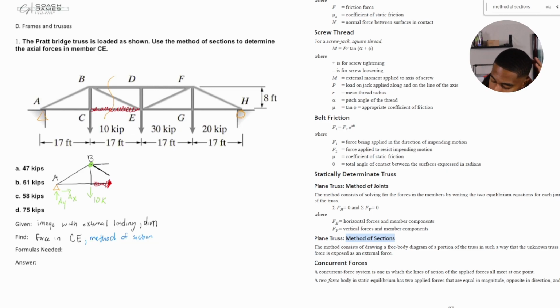That would be the only unknown. Like if I took a moment at B, I would know what AY is, and I would know what the distance is, which is 17 feet.